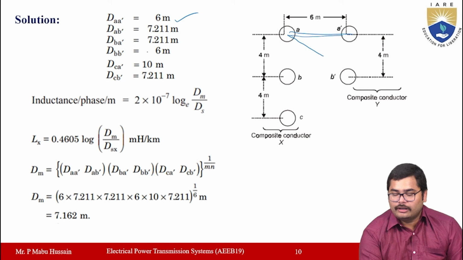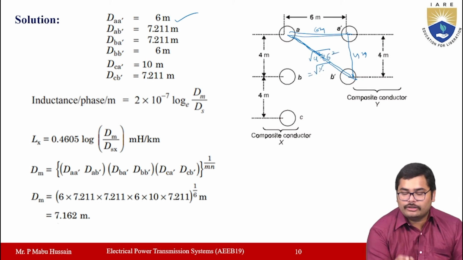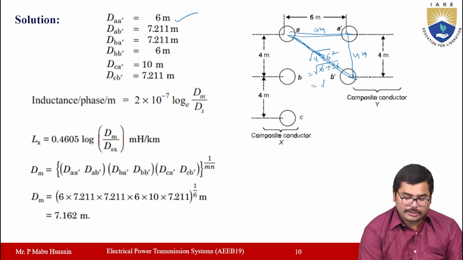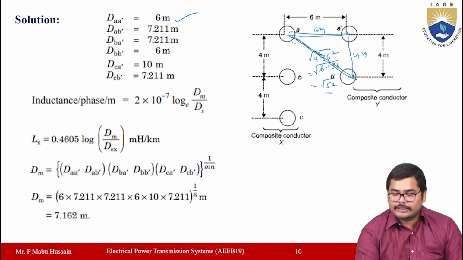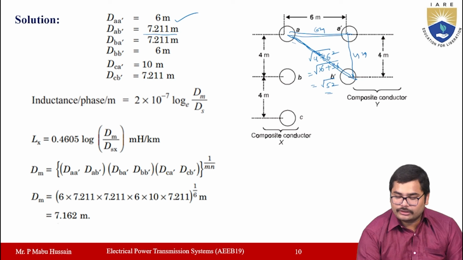So this value will be the square root of 4 square plus 6 square, which is 16 plus 36, so the square root of 52. If you calculate this value, you get 7.211 meters for DAB dash.